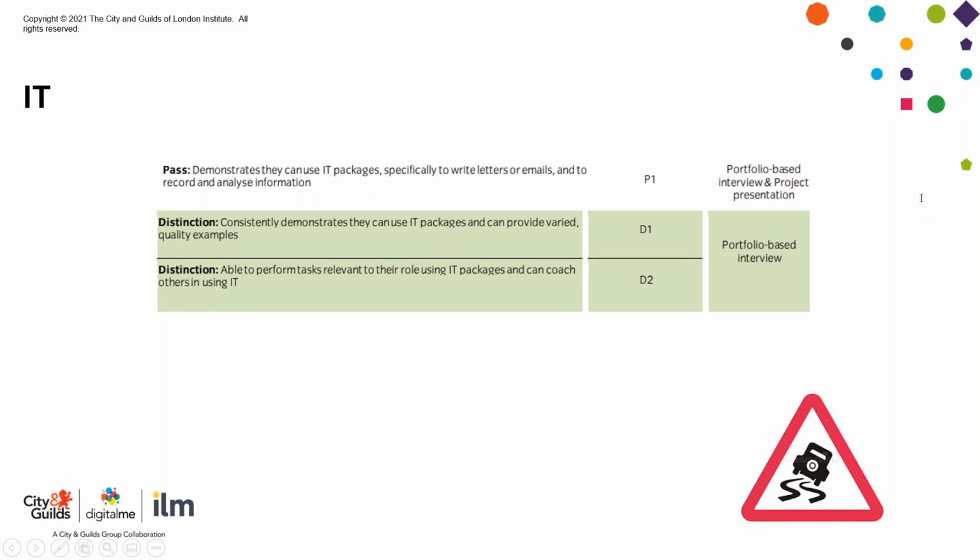The tricky corner, using IT to analyse information. Most apprentices analyse information on a daily basis, but they need to talk about this in one or other of the assessments. You can see here the requirements for the distinction criteria that I referred to earlier, the need for consistency and the need to demonstrate coaching skills.